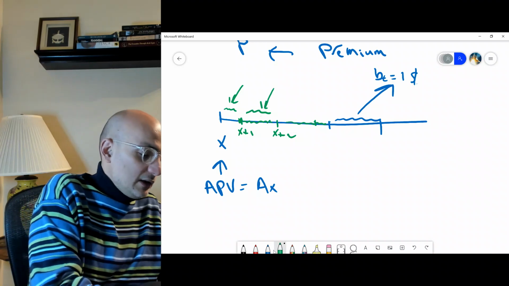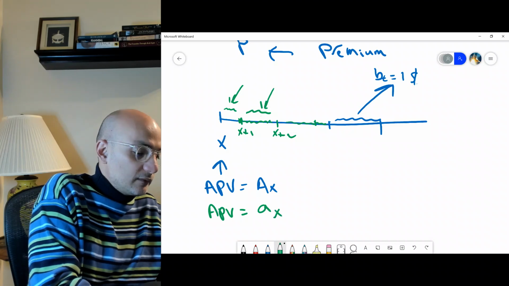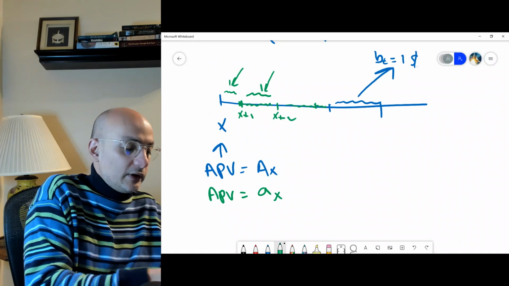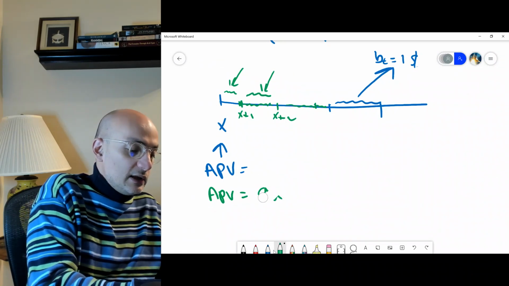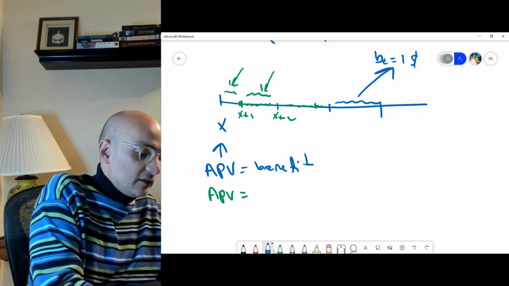And the actuarial present value of the green one is ax. If it's continuous or not continuous, let's keep it with that notation. This is the present value of benefit, and this is of the annuity.